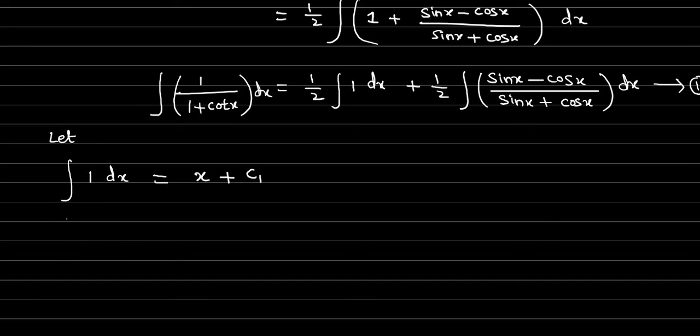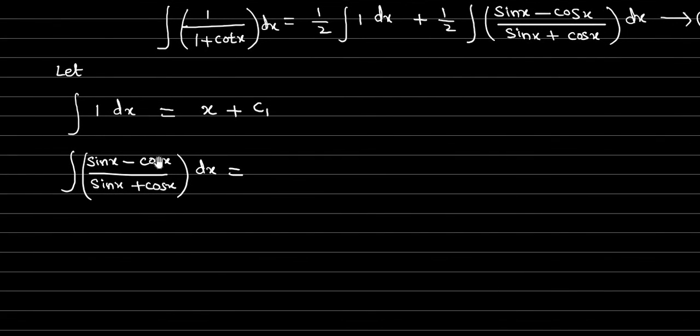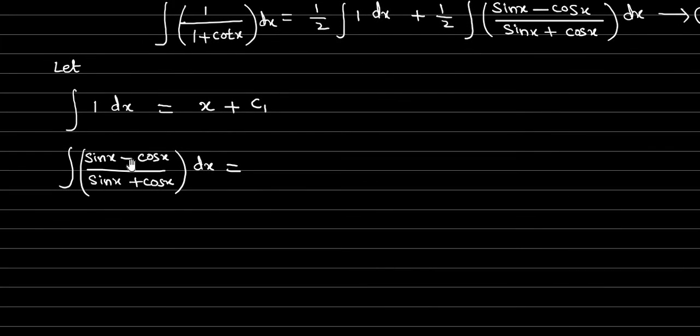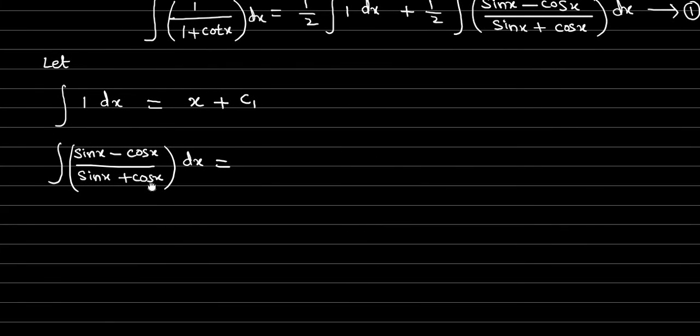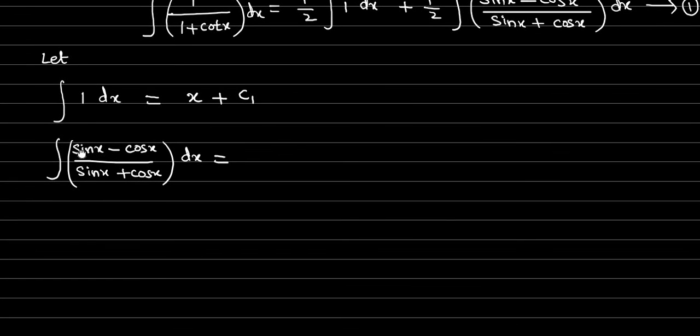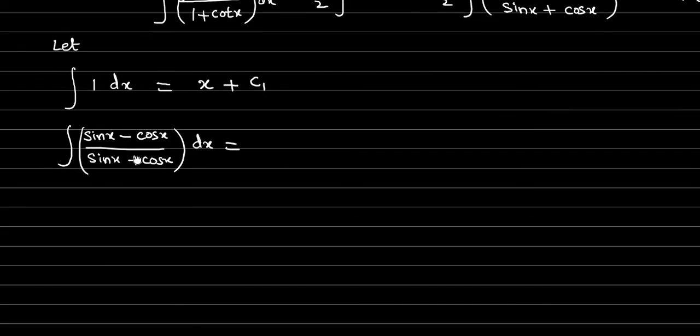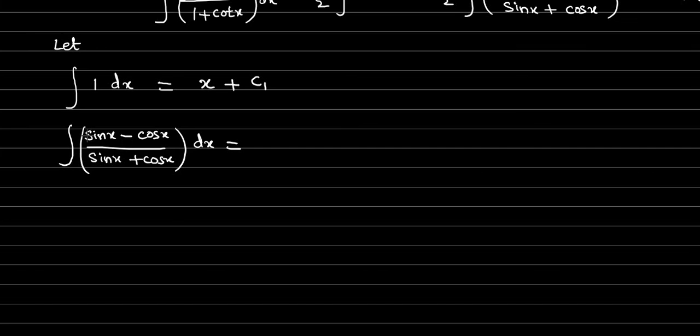Next part, what do we have? Integral (sin x minus cos x) by (sin x plus cos x) dx. Sin x differentiation is cos x, and cos x we have in negative terms. And cos x differentiation is minus sin x, which we have in positive terms. So I am going to take the minus sign commonly outside for the numerator term.